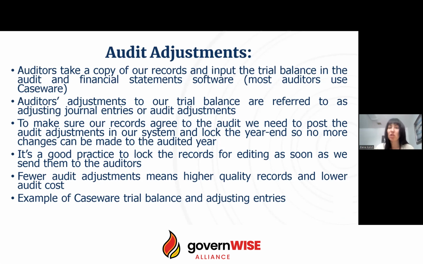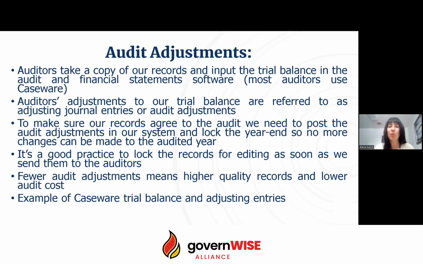So once you've made the adjustments, lock that year, because sometimes later somebody makes an entry and dates it within the audited year that was already audited, and now all my opening numbers are off again. So we want to prevent people from posting to the year that's already been audited and that agrees to the audit in our system. Okay, like we said, fewer audit adjustments means higher quality records and lower audit costs.